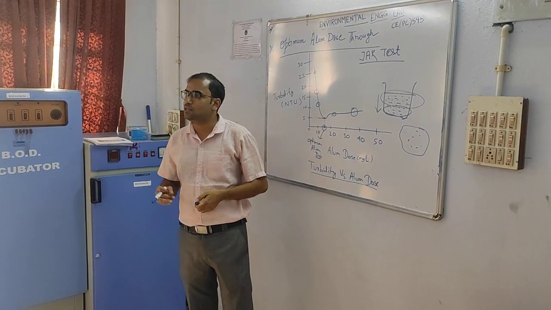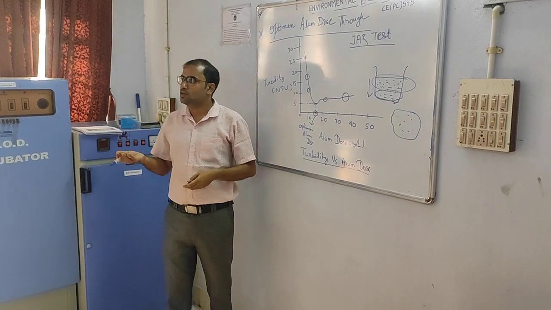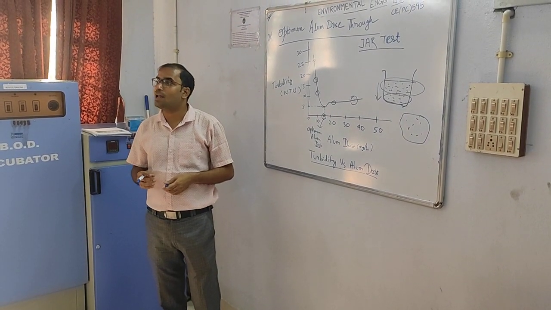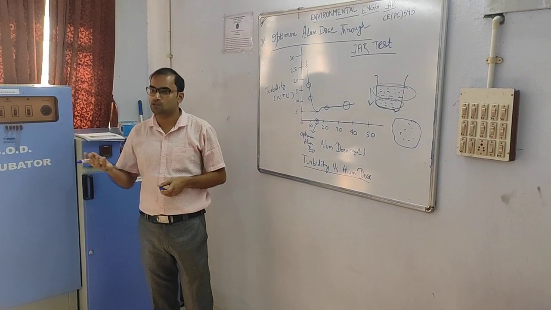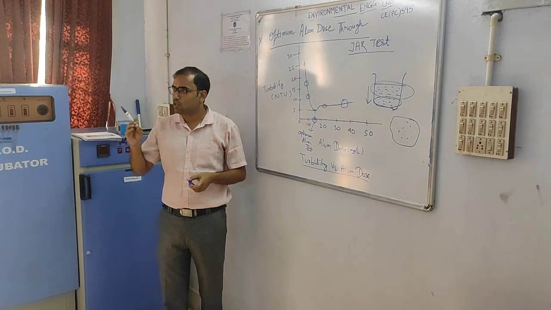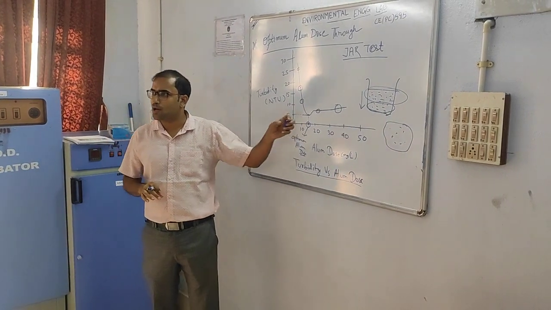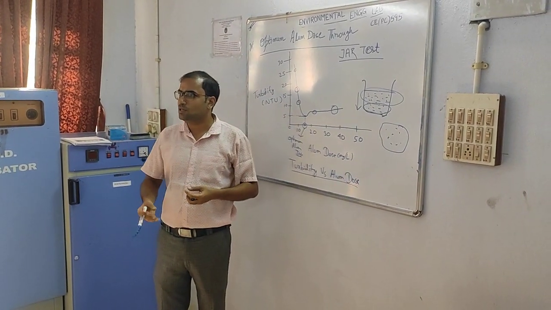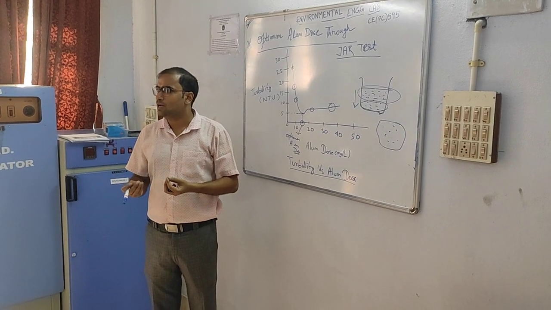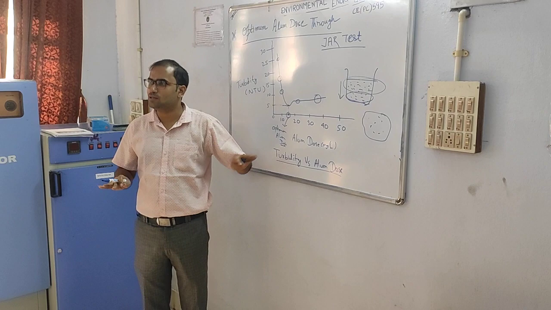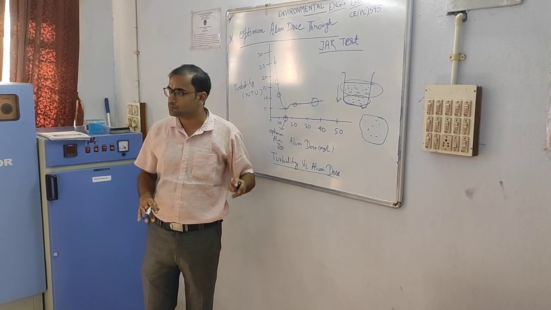Many times at home, for the filtration process, you use alum, which we call fitkiri in normal usage. If you give a certain quantity of that alum, what will happen? At the bottom you can see the impurities settled down, and the pure or clean water is on the top surface.